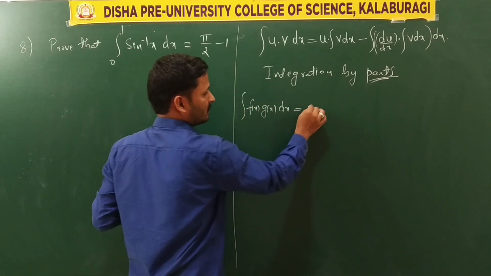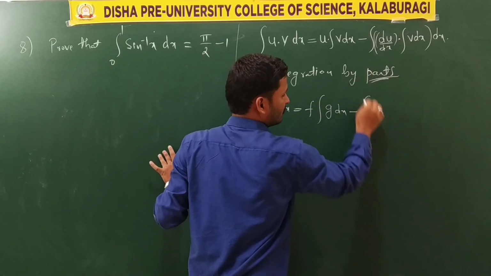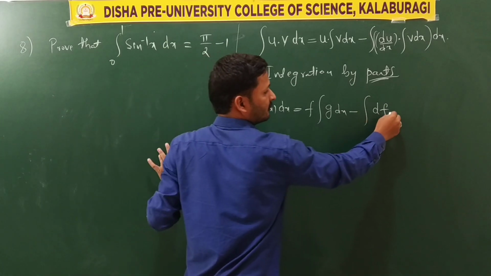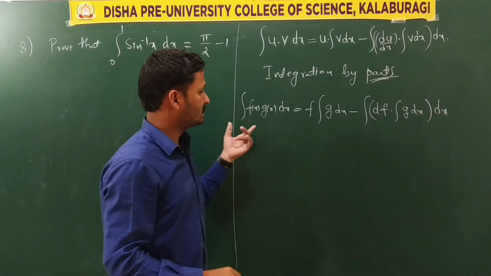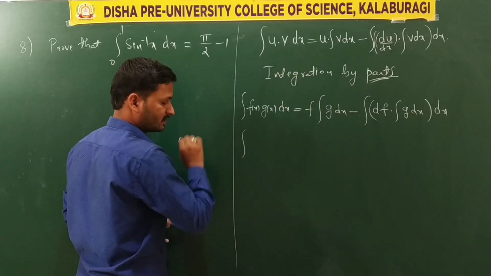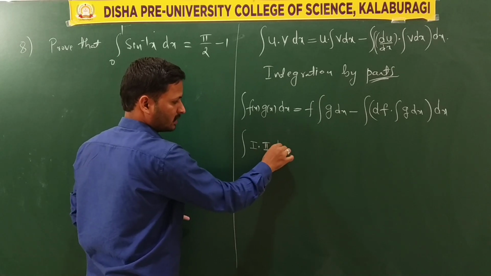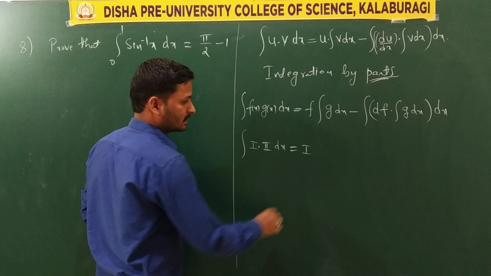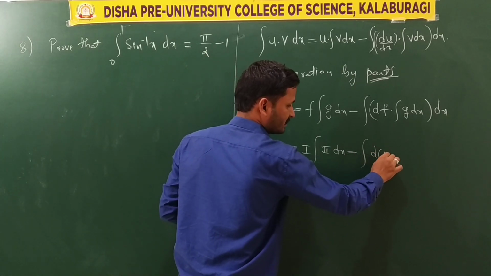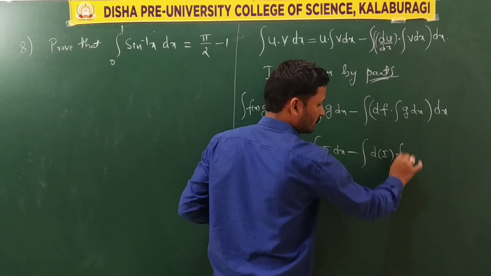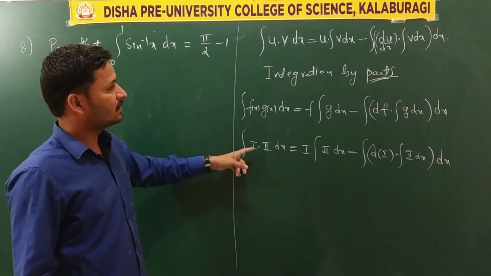Again the same: f, the first function, as it is, into integration of g with respect to x, minus integration of the derivative of f into integration of g, dx. Or in words: the first function as it is, into integration of the second function with respect to x, minus integration of the derivative of the first function into the integration of the second function, and the whole into dx.